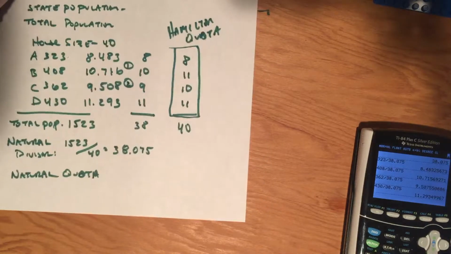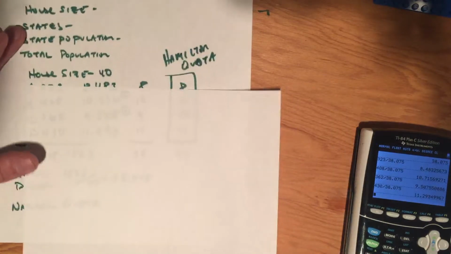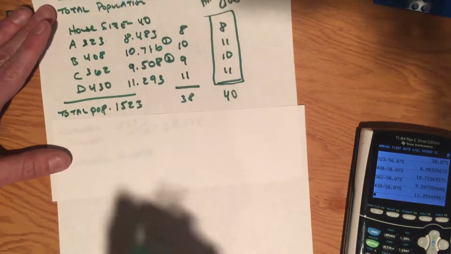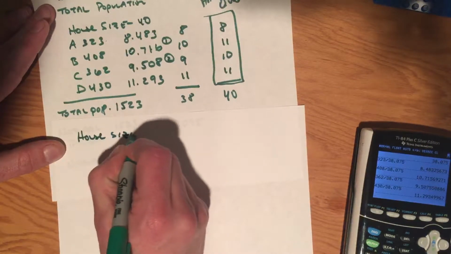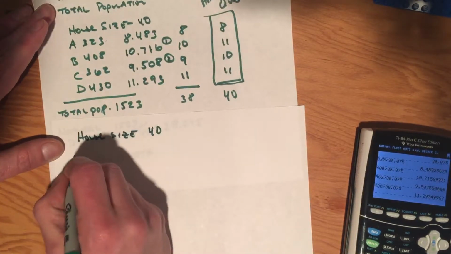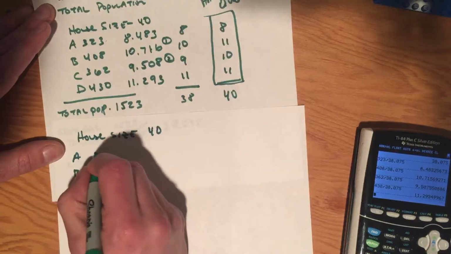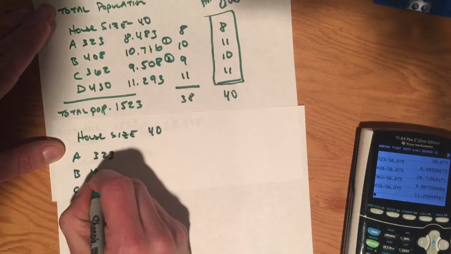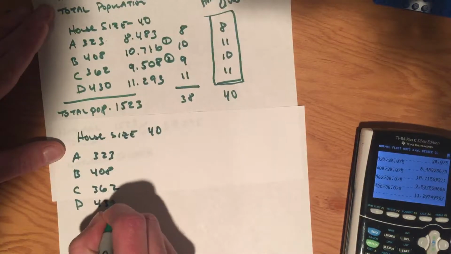Let's see if we can take these numbers and change them up a little bit. I'm just going to copy them down. Our house size is, again, 40. We've got our 4 states, A, B, C, D: 323, 408, 362, 430.